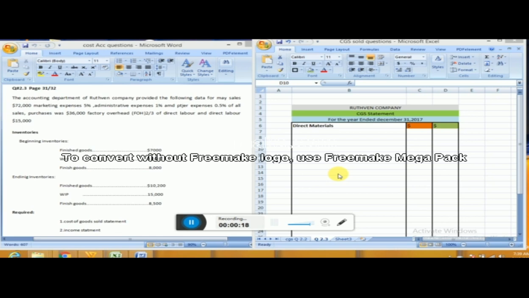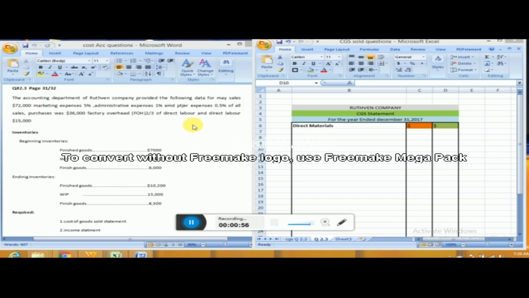The accounting department of Rudwin Company provided the following data for May: sales, month of May sales, that is $72,000, marketing expenses 5%, administrative expenses 1%, and other expenses, that is 0.5% of all sales.